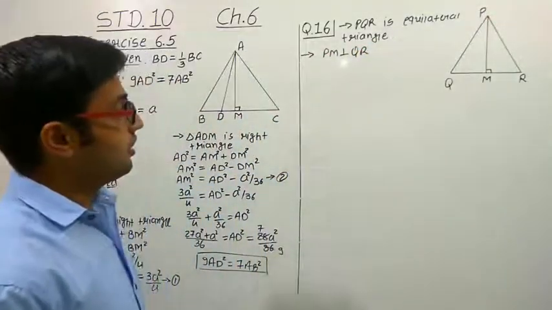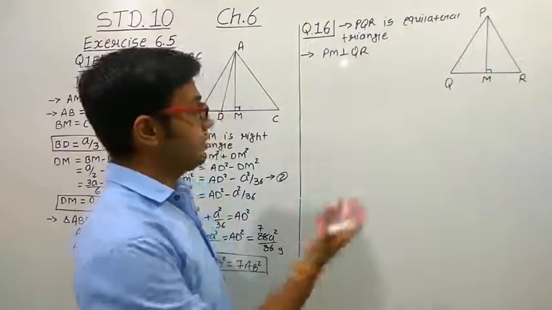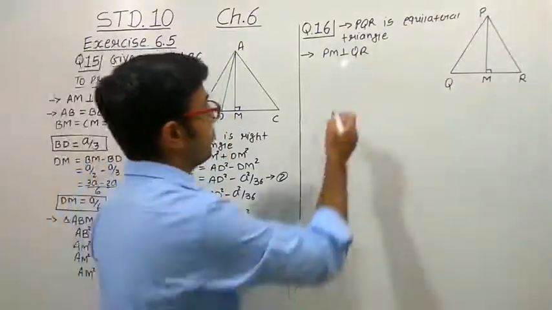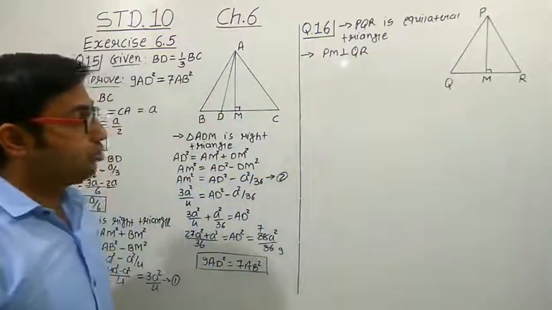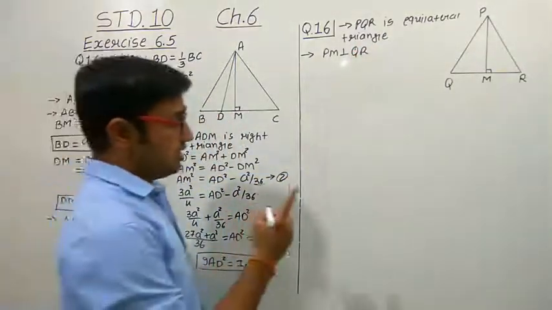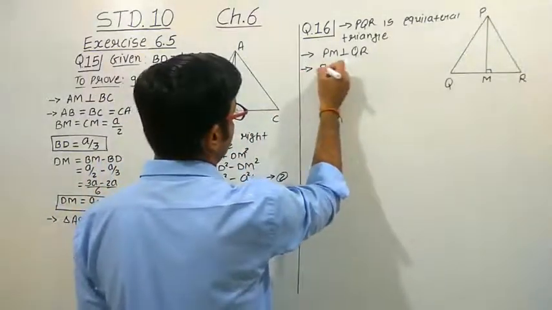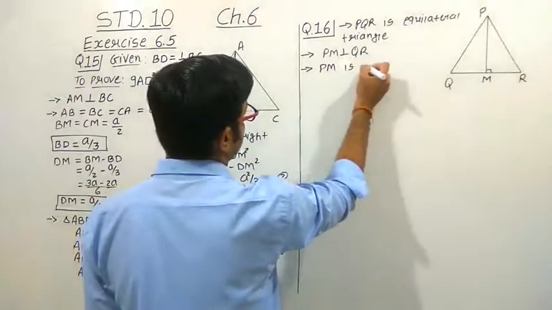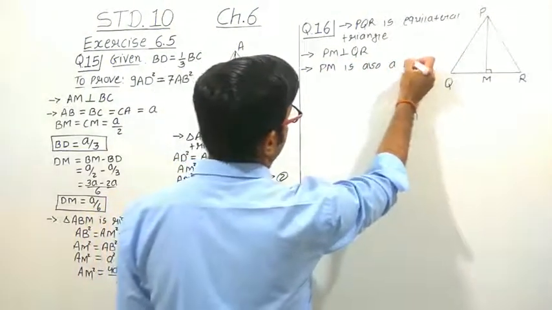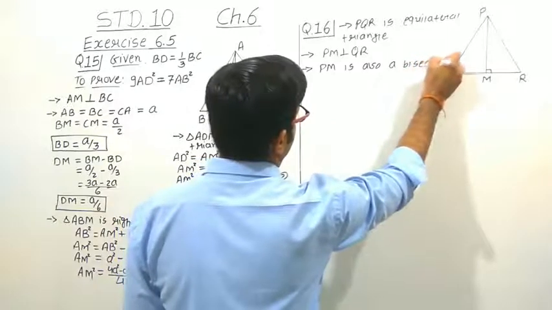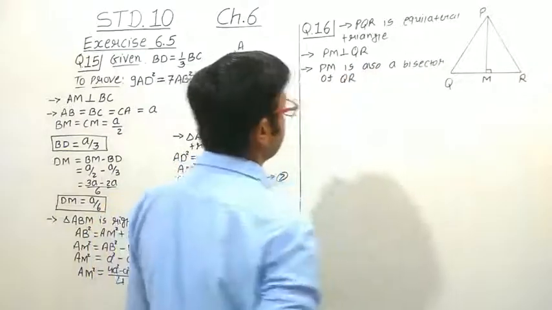So this is an equilateral triangle, so all the sides are equal. Now we have drawn one of the perpendiculars, that is PM, and it is perpendicular to QR. As this is an equilateral triangle, PM is also the bisector of QR. Right.